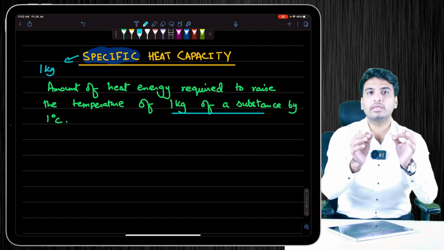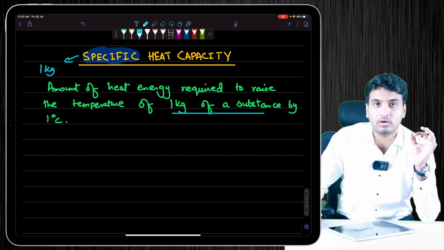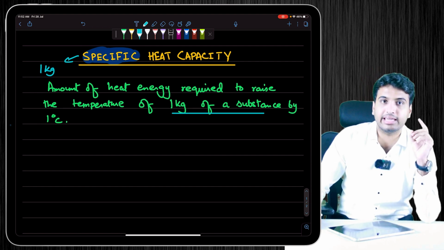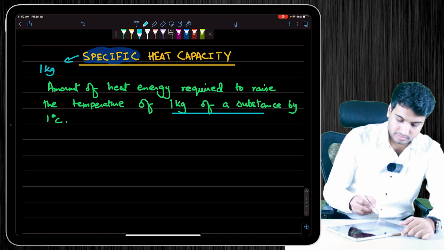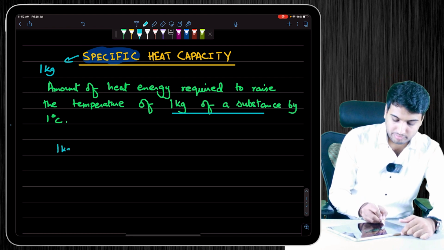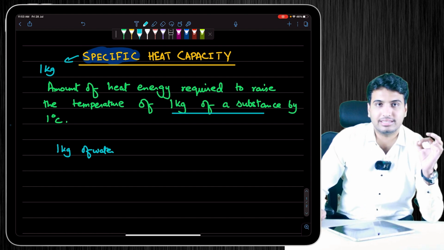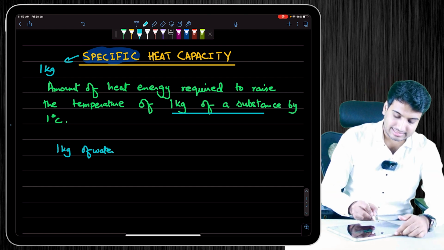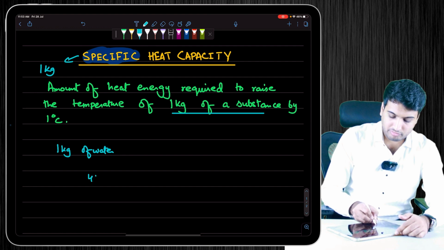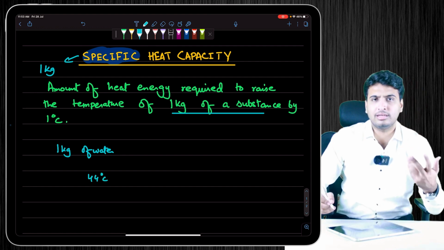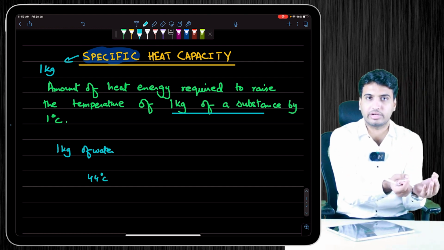For example, if we take 1 kg of water, and if we measure its temperature, let's suppose the temperature is 44 degrees Celsius.